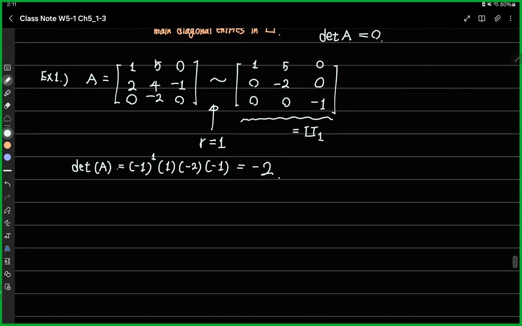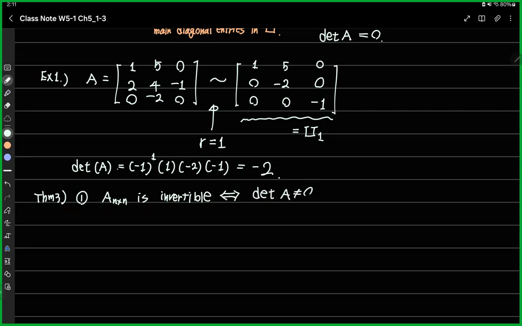Let me review the properties of the determinant, which is theorem 3. It says that first, an n by n matrix A is invertible if and only if the determinant of A is not equal to 0.